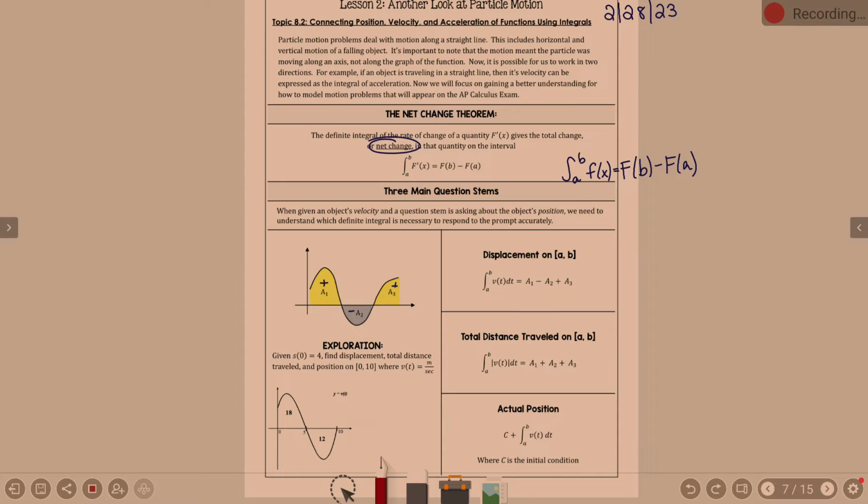So if we're going to do displacement, change in position from beginning to end, yes. And I'm going to put these each with their little pieces here. If I'm doing displacement from 0 to 10, the integral from 0 to 10 of v of t dt, what's the math I would have to do based on that graph?